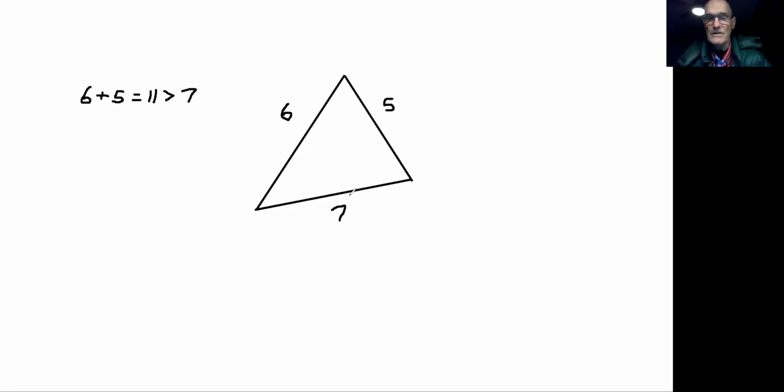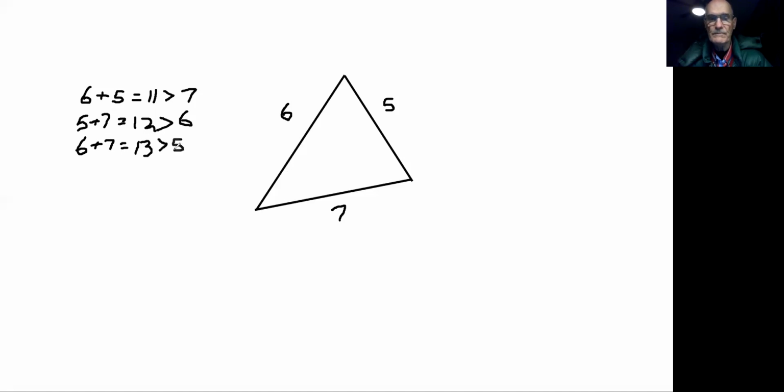Then if you do these two sides, so you'd have 5 plus 7 equals 12, which is greater than the third side, which is 6. And then you use these two sides here, and you would have 6 plus 7 equals 13, which is greater than 5.